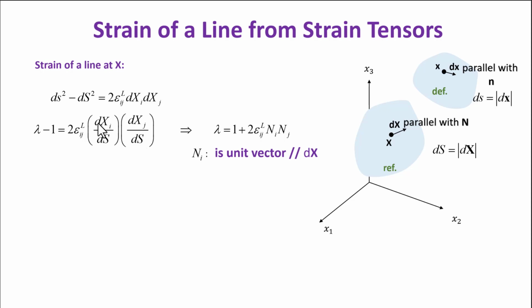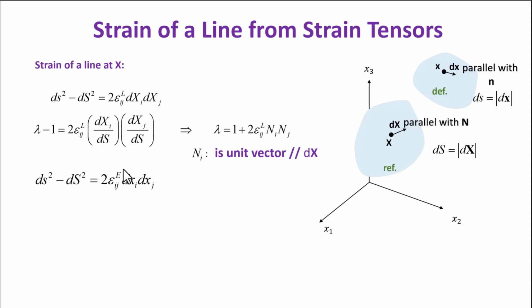Now the terms in the bracket, dXi over dS, are components of the unit vector parallel to dX. We get the formula to calculate the quadratic stretch of any line segment as long as we know their orientation by its unit vector.